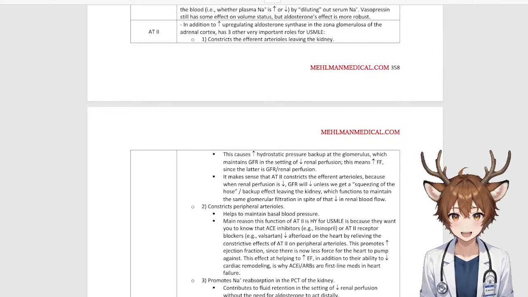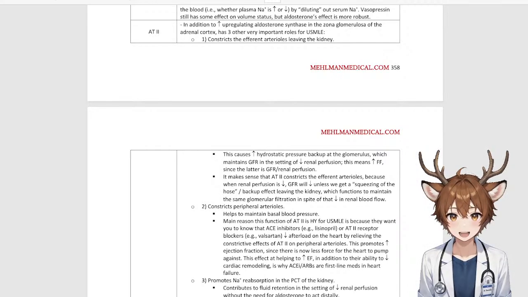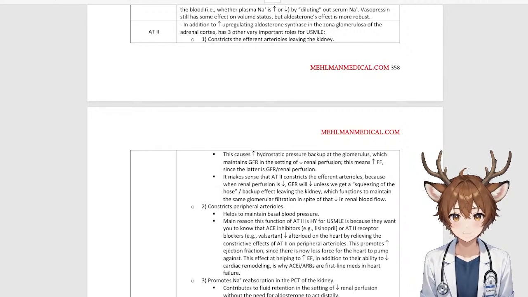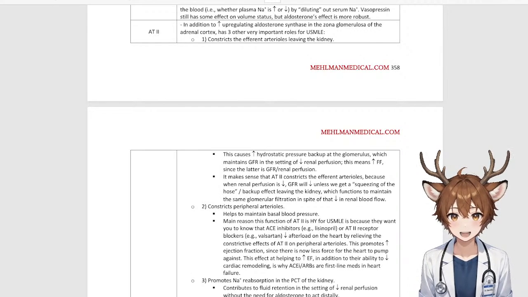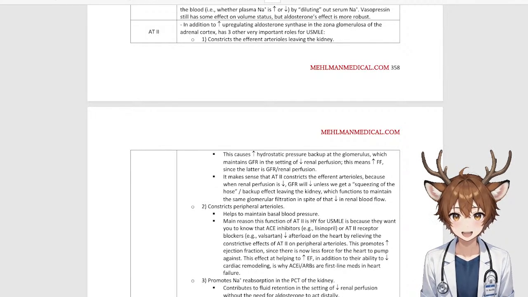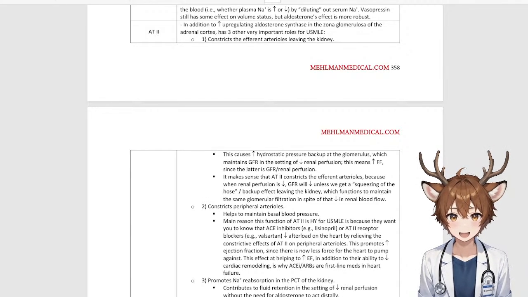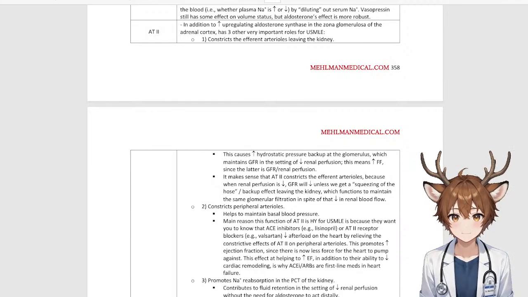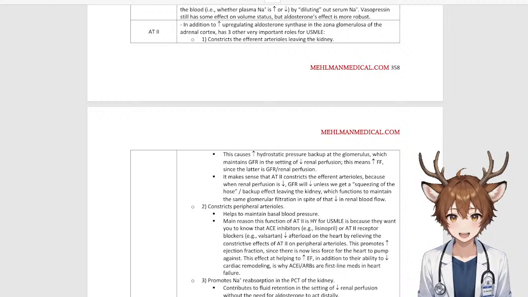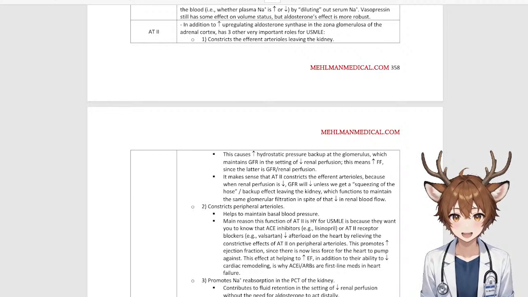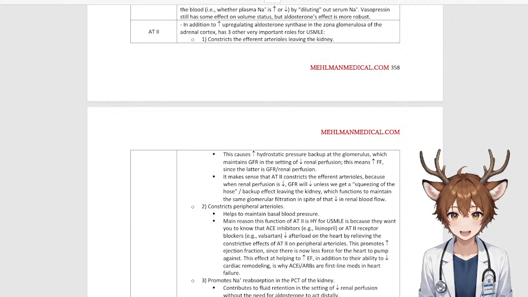2, it constricts peripheral arterioles, which helps maintain the basal blood pressure. The main reason this function of angiotensin II is high yield for USMLE is because they want you to know that ACE inhibitors, for example lisinopril, or angiotensin II receptor blockers like valsartan or candesartan, decrease the afterload on the heart by relieving the constrictive effects of angiotensin II on peripheral arterioles.